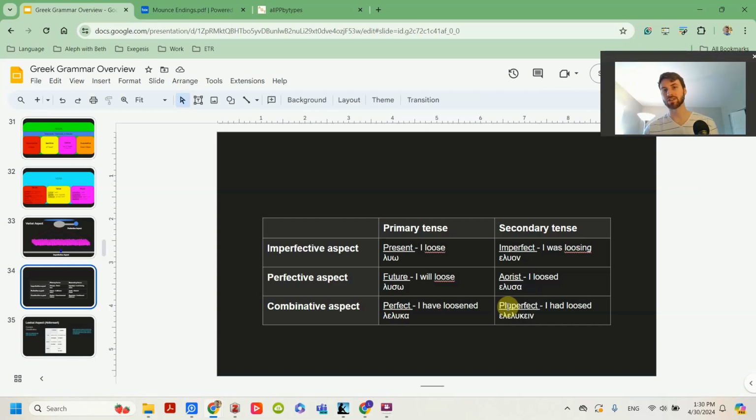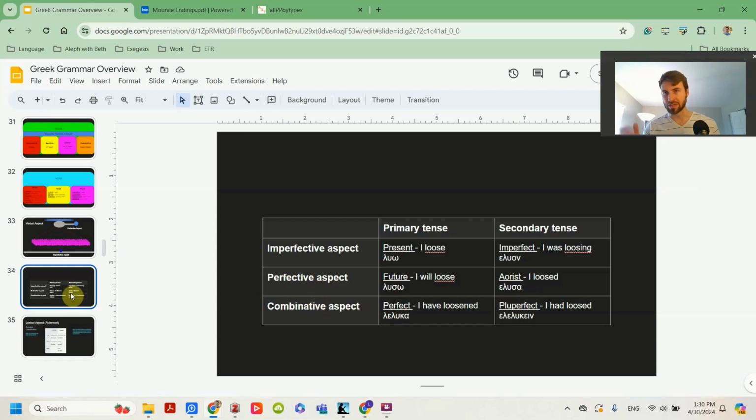You will hear combinative; I'm using this term, some people use this term. There are different ways that people talk about aspect and the perfect and pluperfect. But combinative is, I think, a helpful way to think about it.